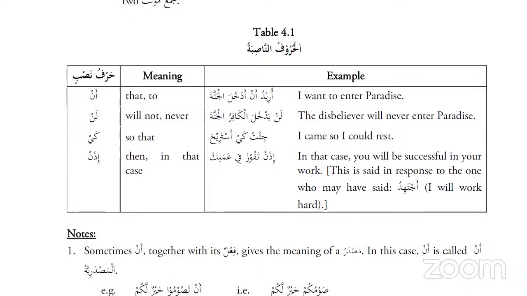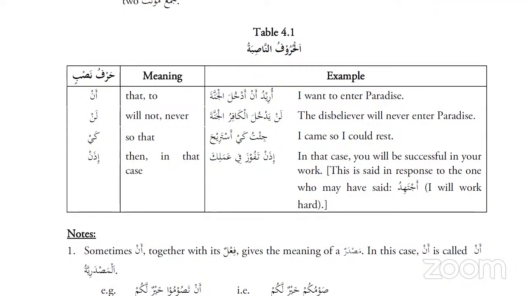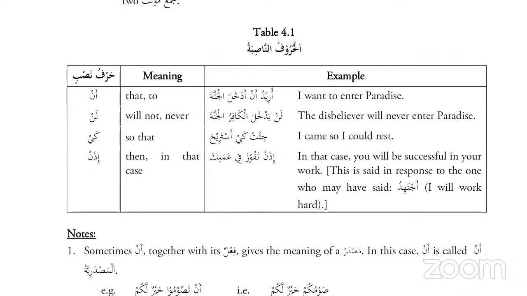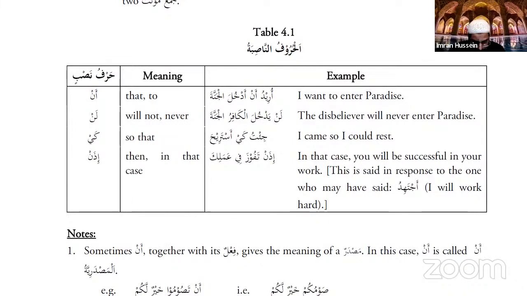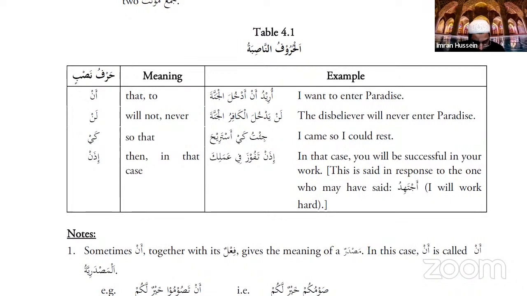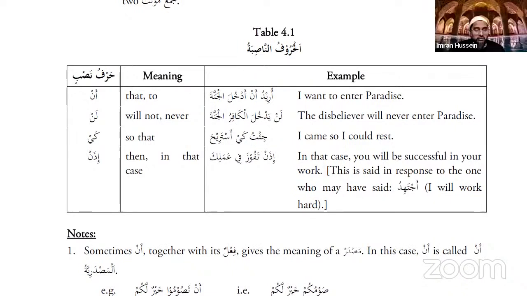Ja'ta, yep. Ja'tuma, correct? Then ja'tum, yep, and ja'ti, correct? Then ja'tuma, correct? Ja'tunna, ahsanti. Ja'tu, yes. Ana ja'tu, nahnu ja'na. Ahsanti. Excellent. Now, thank you for that, sister.